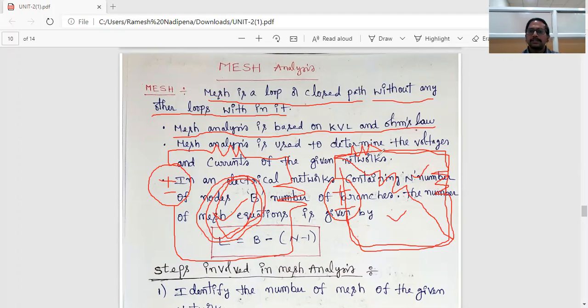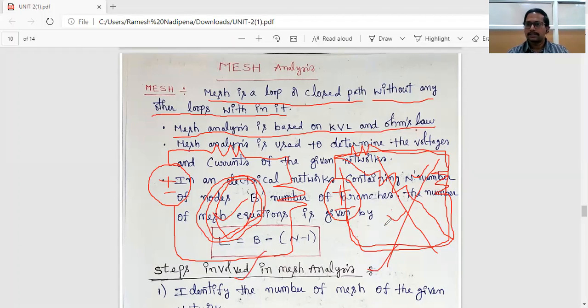That means this is not a mesh. Very important, this is not a mesh. Again, a mesh is a loop or closed path without any other loops within it. These are the examples: this is circuit 1, this is circuit 2. Circuit 2 does not belong to mesh, circuit 1 belongs to mesh.